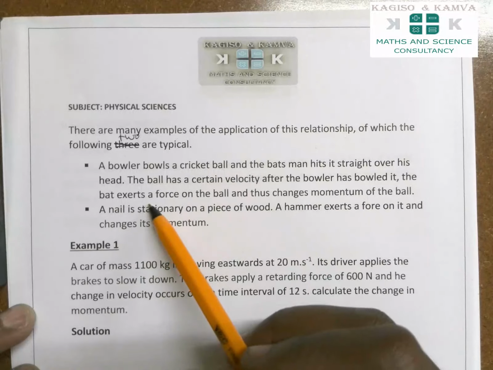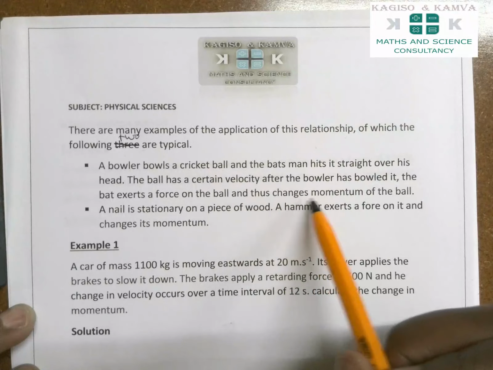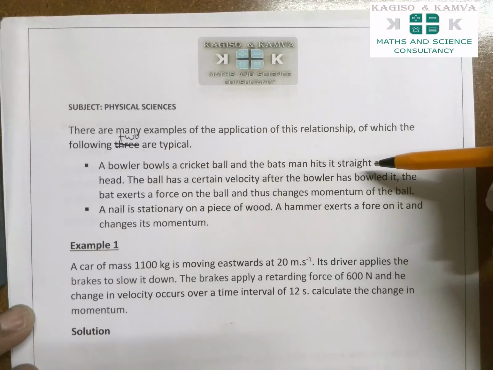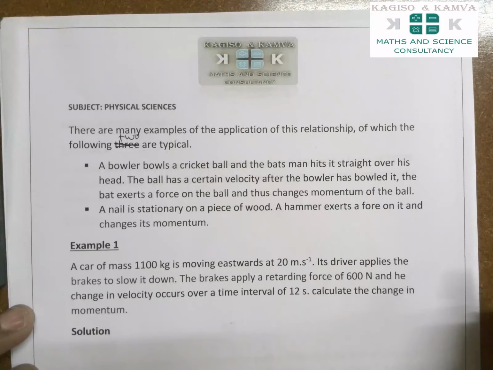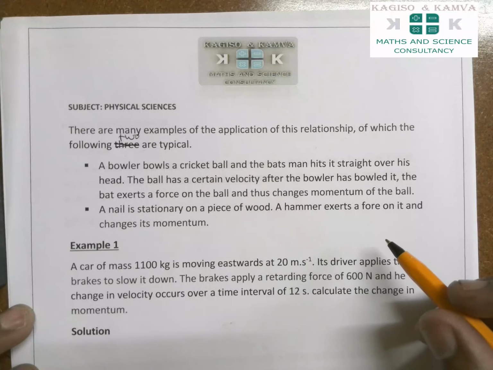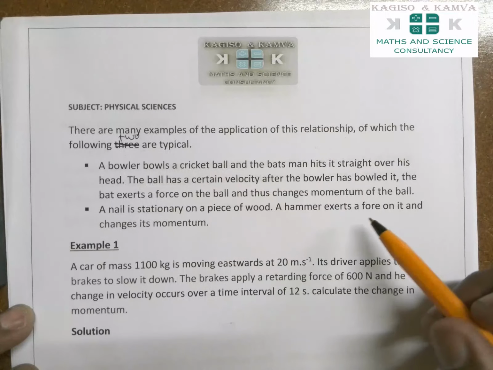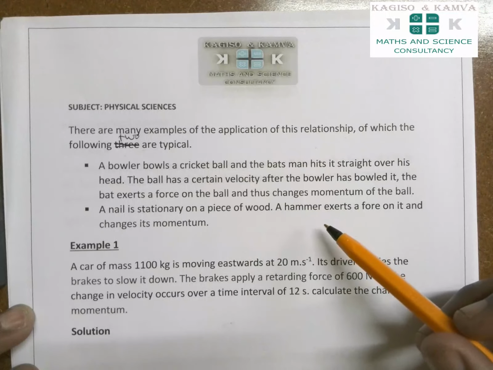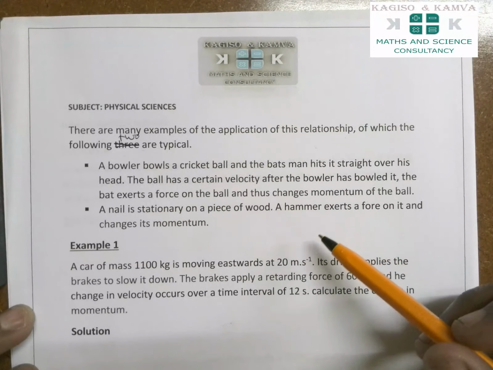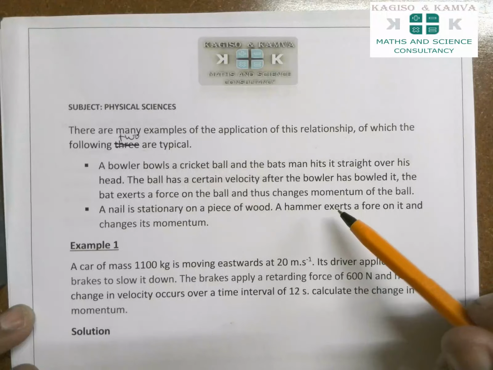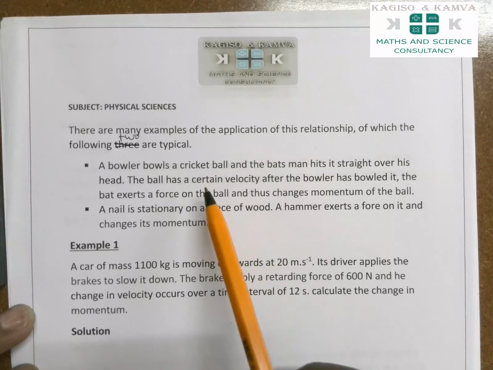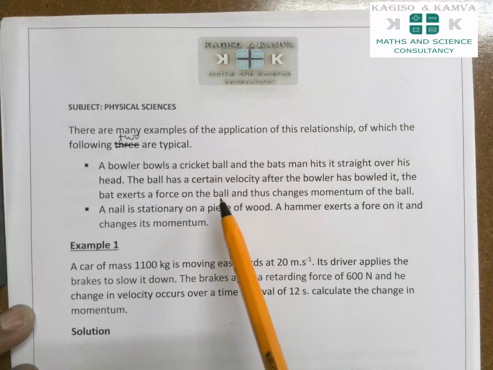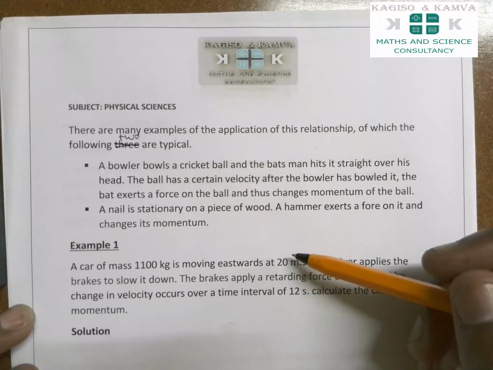The bat exerts a force on the ball and thus changes the momentum of the ball. An object that is moving has momentum. If a force is exerted on that object, it will change its velocity, and when velocity changes, the momentum will also change. So the batsman will obviously exert a force on that ball.